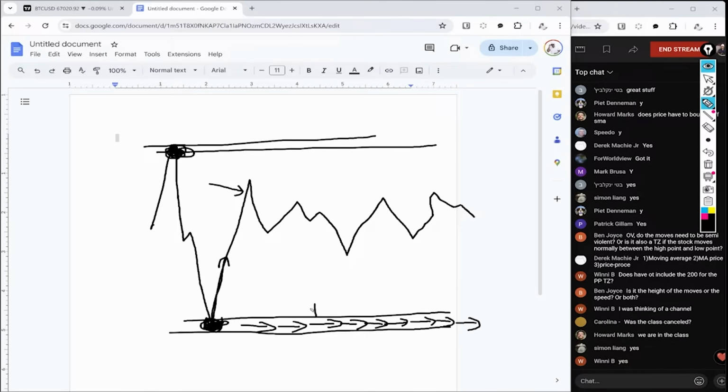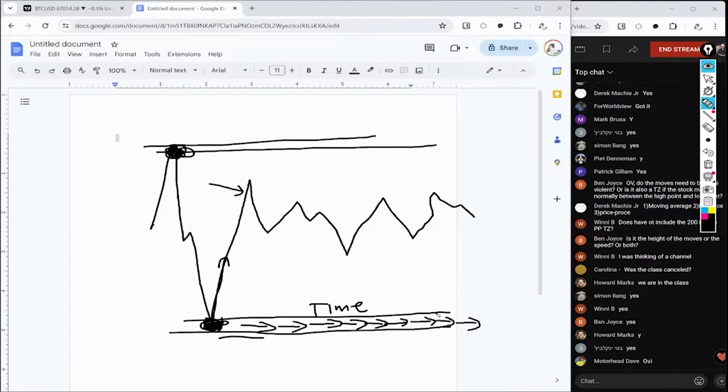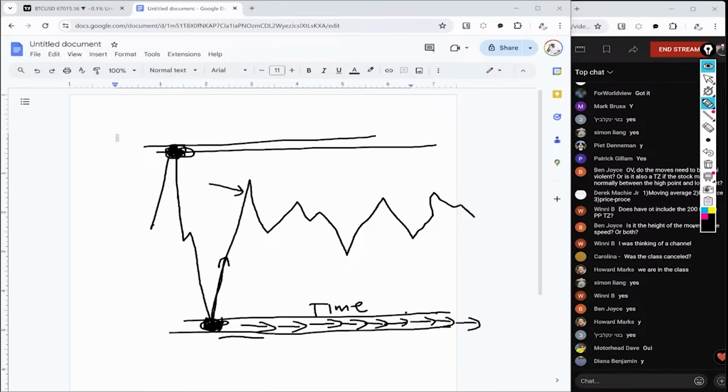Time, this is your time. When time equals the length of the trap zone, you're in a weakened trap zone state now.